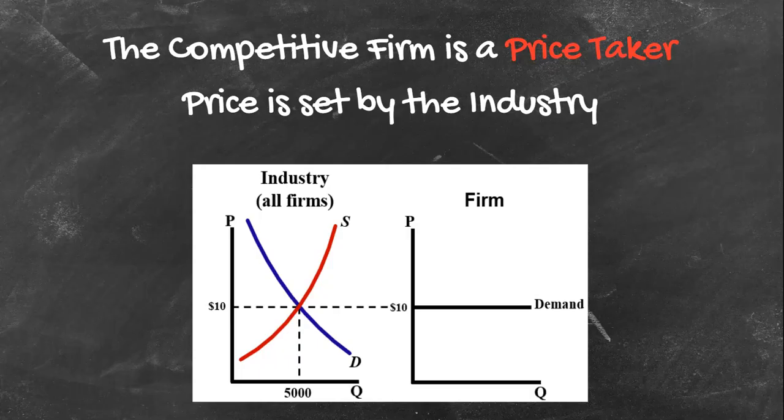Again, just to reiterate, in perfect competition, the firms are price takers and prices are set by the industry. So if the industry's equilibrium price is $10, then generally that's going to be the price set by that business.